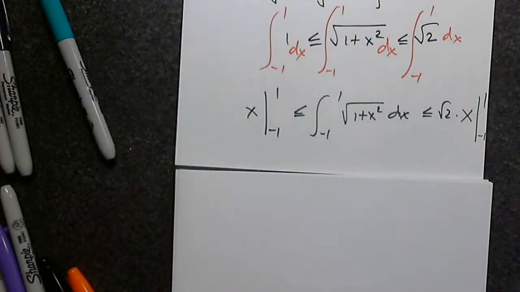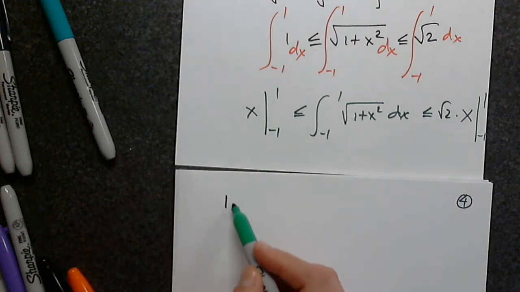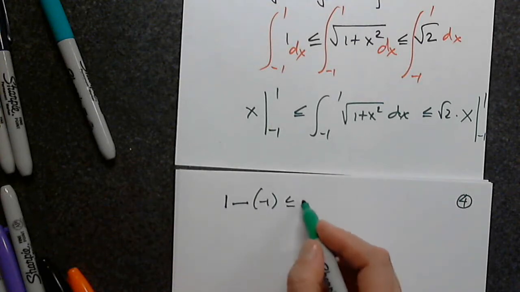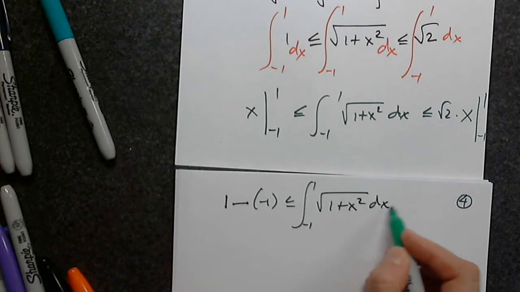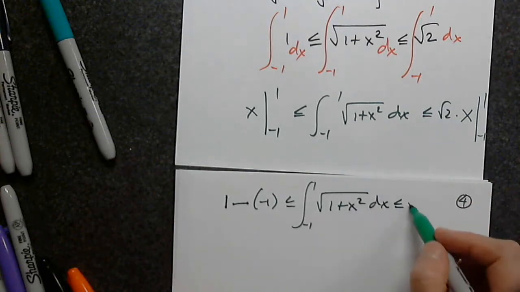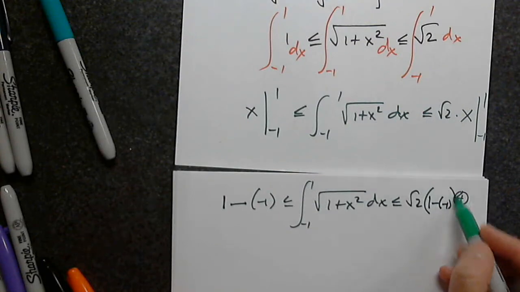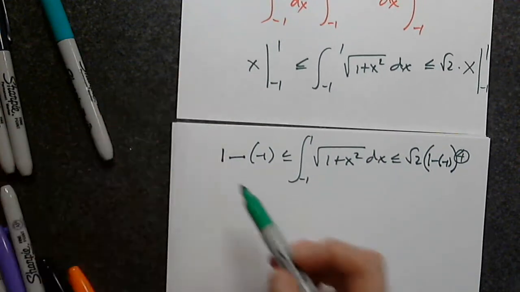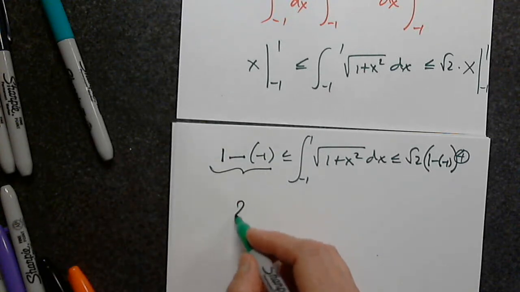Very good. I plug in 1, and I subtract when I plug in -1. Square root of 2, I plug in 1, and I subtract when I plug in -1. How much is this? Excellent.